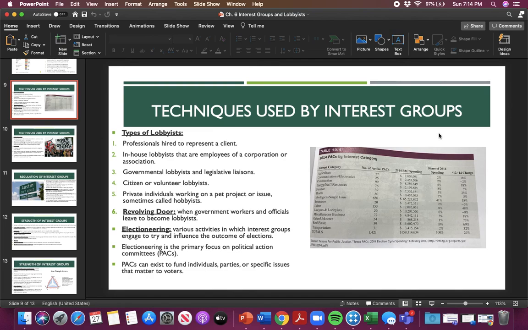Single issue could be anything from gun rights to abortion to whatever it is, but they are ideological issues, things that are heavily correlated to liberalism and conservatism. Next would be real estate. So real estate lobbyists are lobbying for lower regulations or whatever it is for their field, allowing real estate agents to make more money. So this is what the American voter is contending with, this amount of money being spent in election cycles.